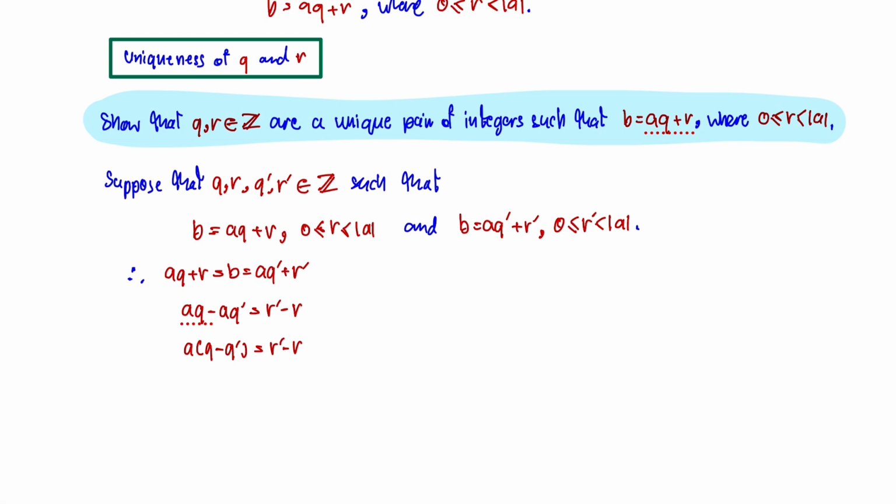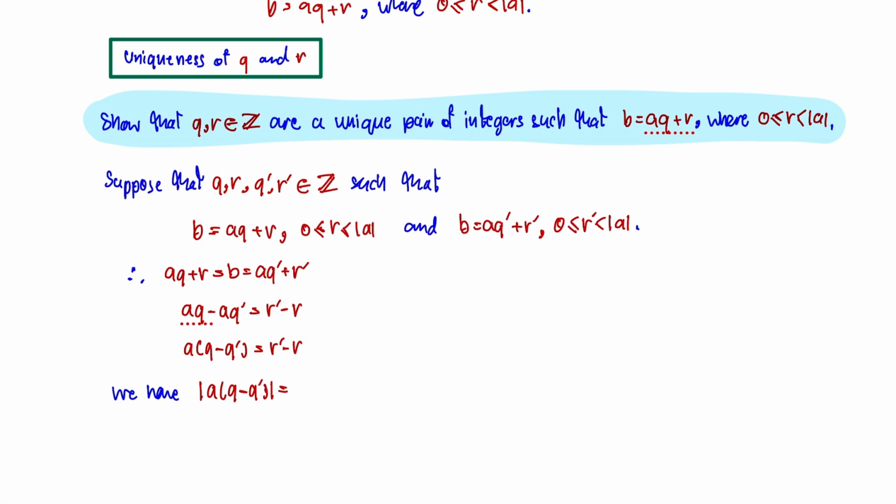How to show that Q equal to Q prime, R equal to R prime? Let's use absolute value. So we have absolute value of A times Q minus Q prime.